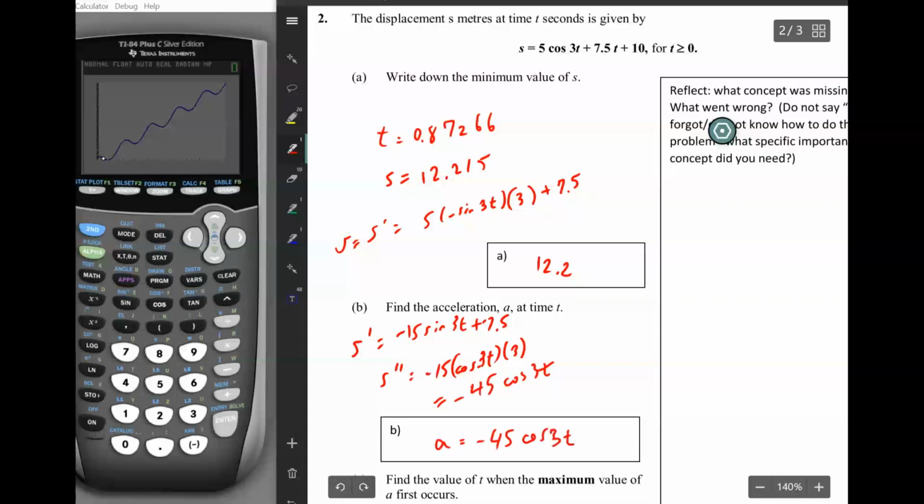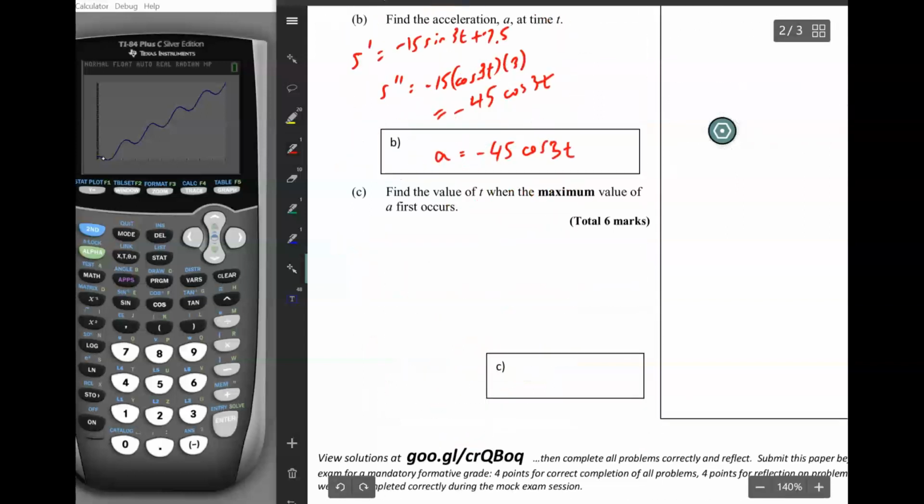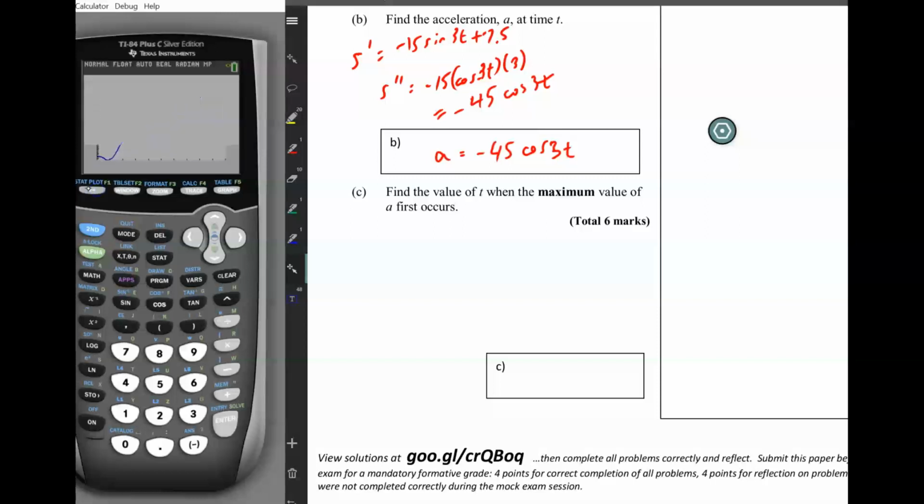Okay? All right, let's go to the last part of this section. Find the value of t when the maximum value of a first occurs. Okay, so there's a couple ways you could do this. One is, this is a calculator problem, so you could just graph this function.